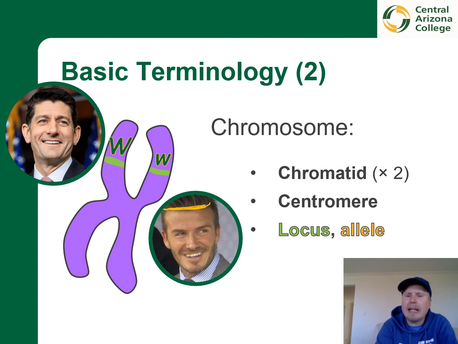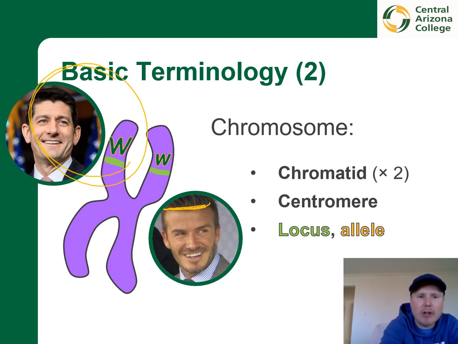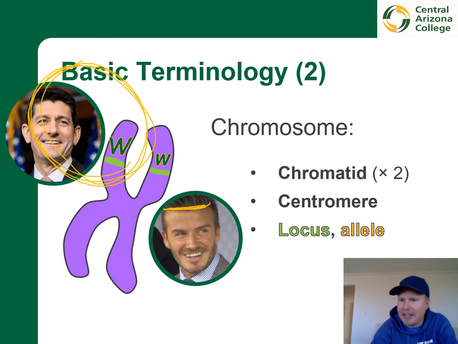Notice how his hairline at the front is all straight, so no widow's peak. Well, we happen to know that the widow's peak is a dominant characteristic. So each individual has two genes for the appearance of the hairline, each coded in one chromatid.